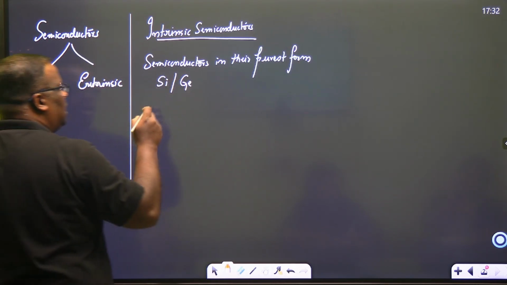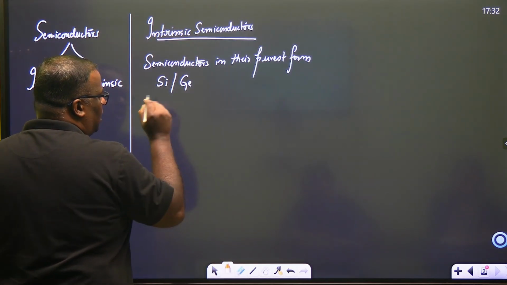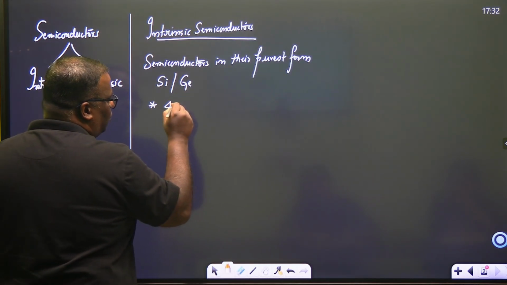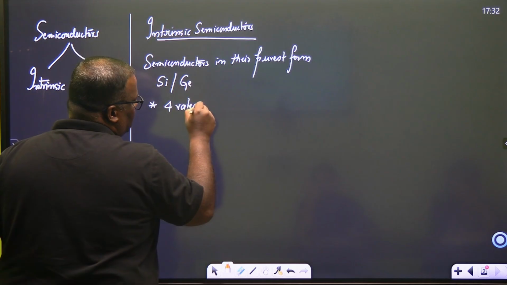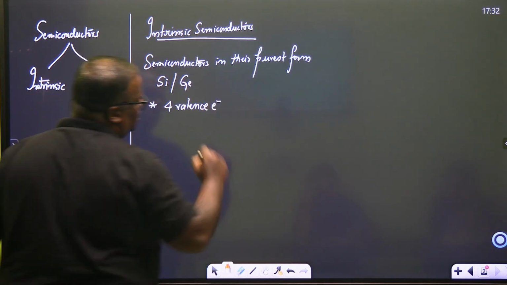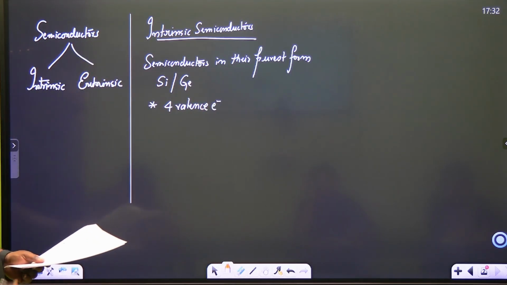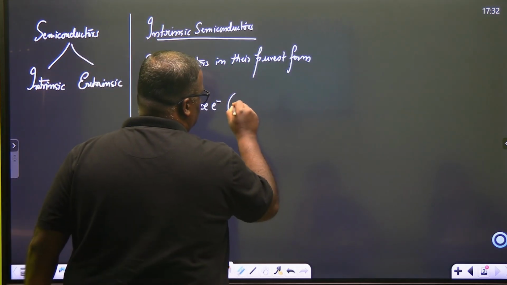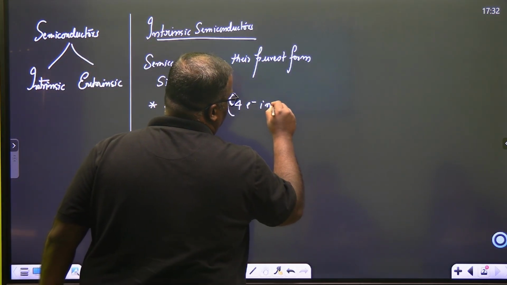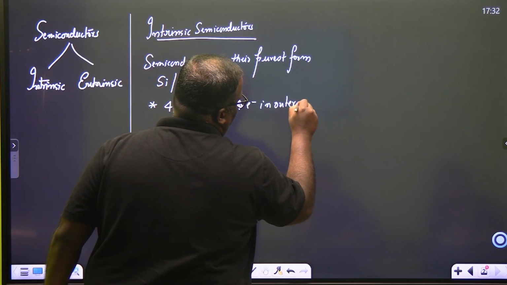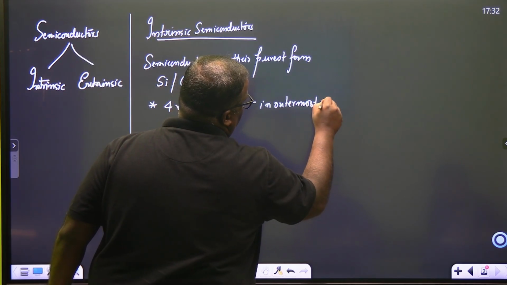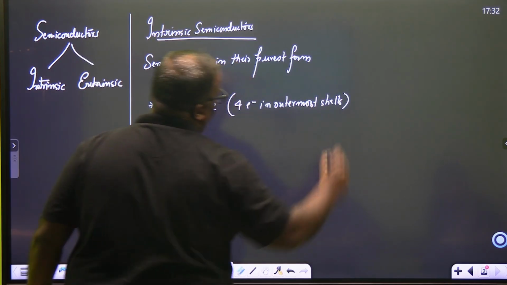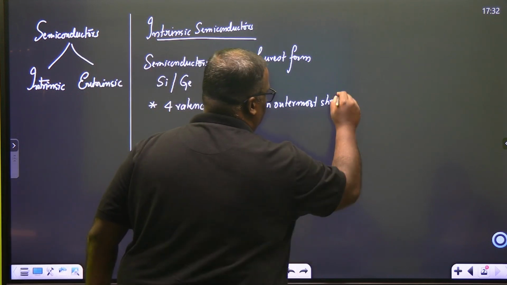Both these semiconductors have got, I'll make star points, 4 valence electrons. That is 4 outermost electrons, which means 4 electrons in the outermost shell.